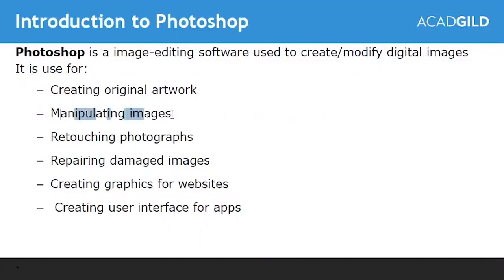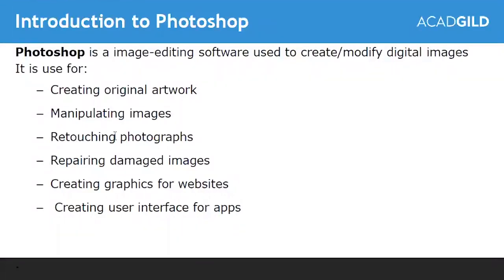Manipulating images means we can modify our images. We can change the background, change the color of the image, and add or remove something from the image. That is called image manipulation. Retouching means if you have old photographs, you can make them more colorful.